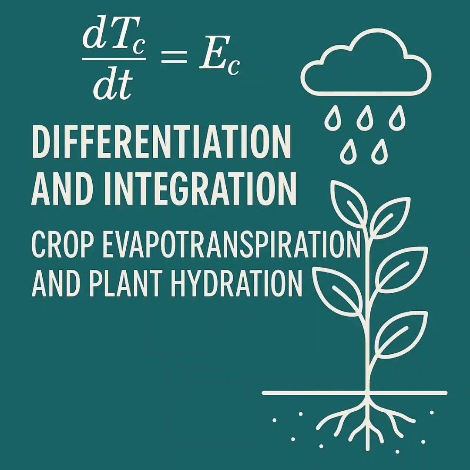They figure out the energy available for evaporation and also how much the plant itself is resisting water loss through those stomata. You could even say differentiation might play a role earlier, maybe in figuring out how sensitive that rate is to a small change in temperature, for instance. Okay. So differentiation might help understand the rate's behavior, how it changes with variables, and then integration steps in to sum up that calculated rate over, say, 24 hours to give you the total water gone.